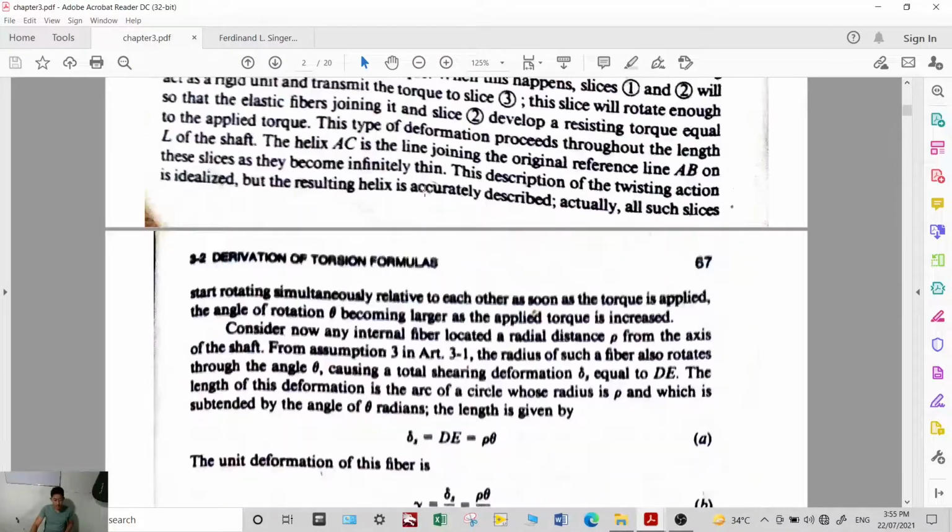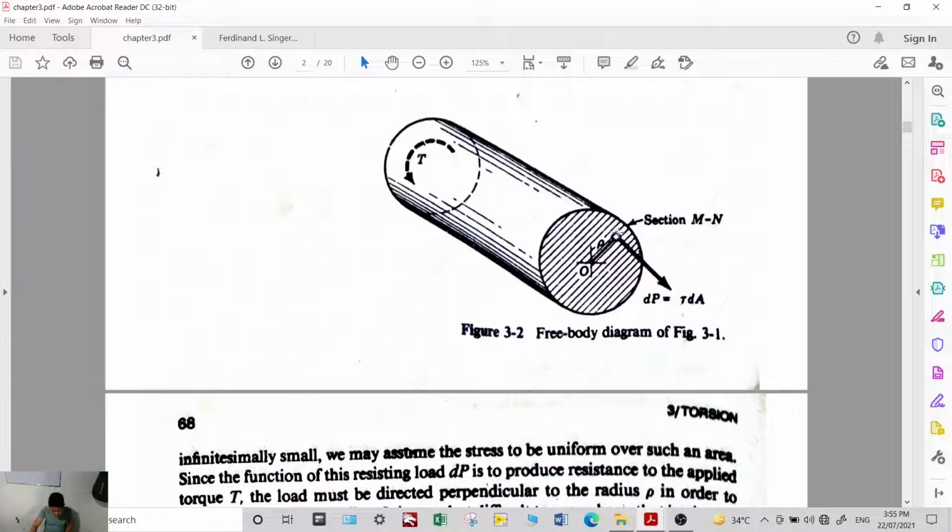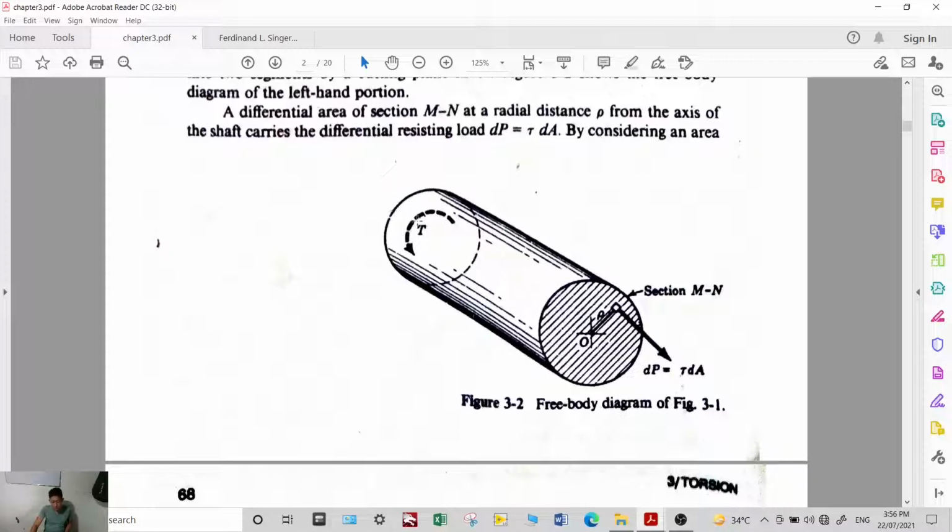If we cut this shaft into two and consider a very small or infinitesimal area, this area, okay, so ang using the free body diagram, unsa may mo counter sa imo ang torque, so dapat ang imo ang element or ang imong fibers diri would experience a counter nga torque or force rather, d sub p, okay, which is just equal to the shearing stress, torsional shearing stress times the infinitesimal area.